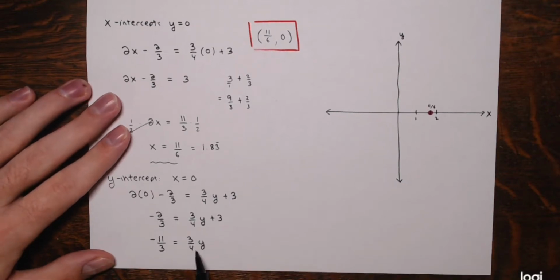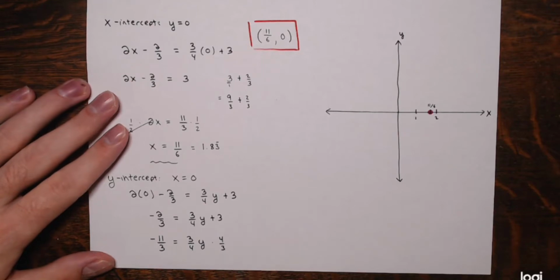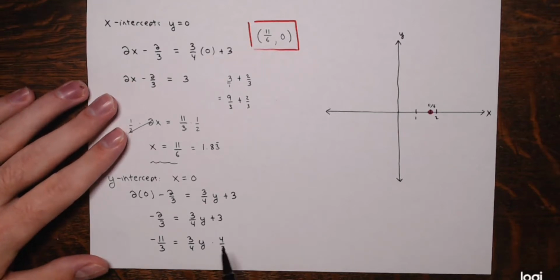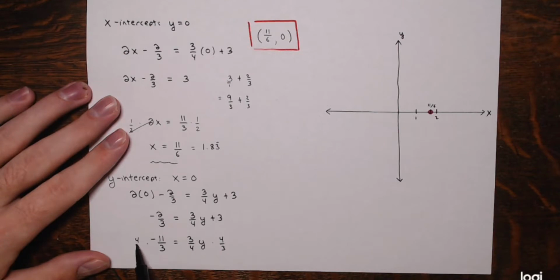And then divide by 3/4 or multiply both sides by 4/3. Dividing is the same as multiplying by the reciprocal. And I'm multiplying both sides by 4/3. So over here, 4's cancel, 3's cancel. I just got y equals negative 44/9.